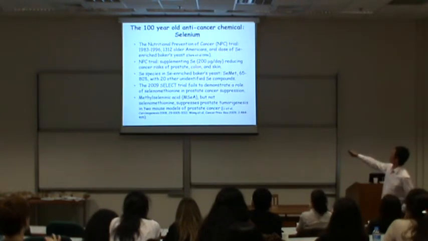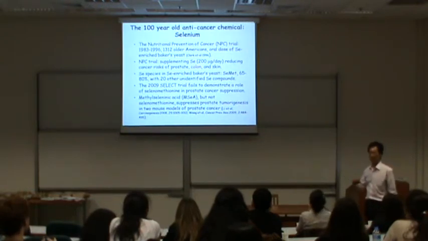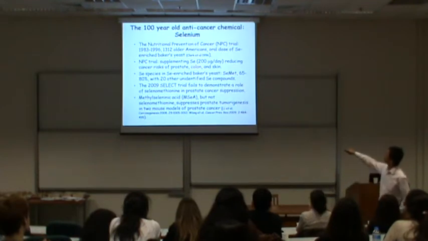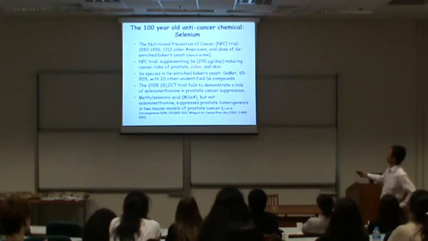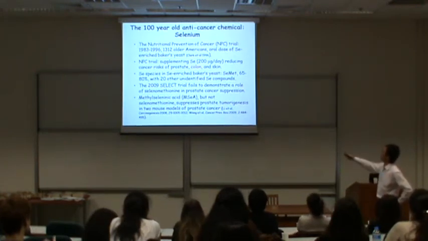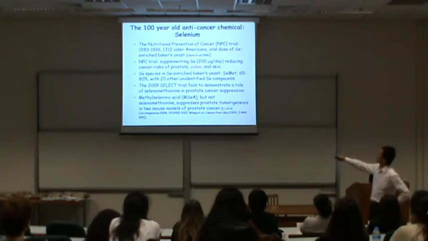Now come two controversial or contradictory results from big clinical trials. One was first published 15 years ago, called the Nutritional Prevention of Cancer study. This was done in the United States and provided an oral dose of selenium-enriched yeast.